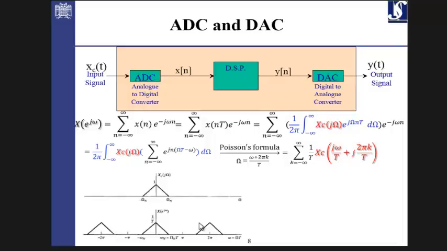But when you have the digitized signal x of n, or discrete time signal x of n, then when you take the Fourier transform, which here is DTFT, what you get is X as a function of e to the power of j omega.